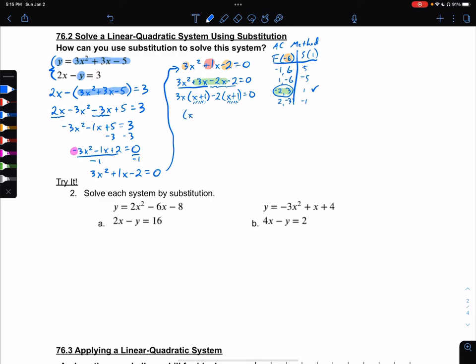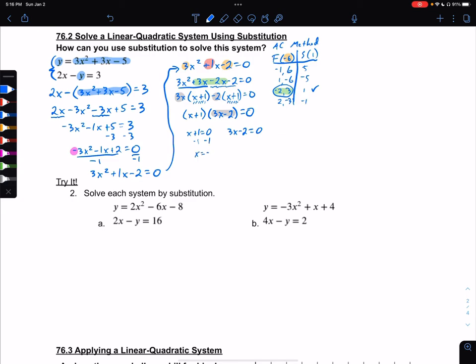So we'll write that as x plus 1, and then this 3x and negative 2 will get written together. So 3x minus 2 equals 0. Okay, so factoring is done. Now we can use the zero product property to solve. So x plus 1 equals 0, and 3x minus 2 equals 0.